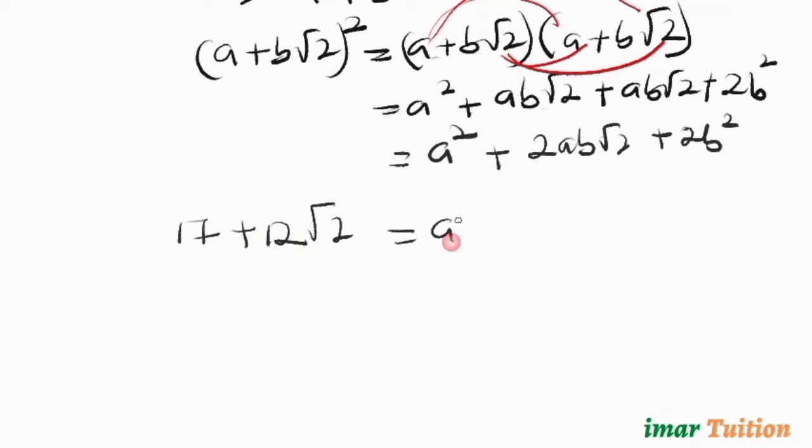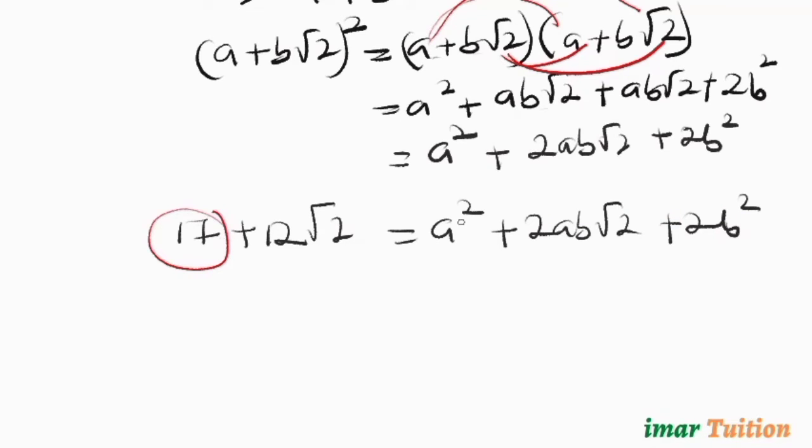We are looking at 17 plus 12 root 2. And now we have a squared plus 2ab root 2 plus 2b squared. We'll compare the real integer here with this and the root 2 term with this.